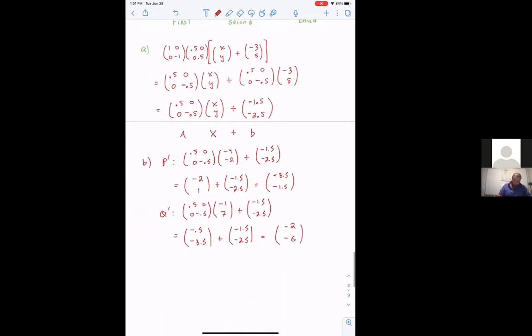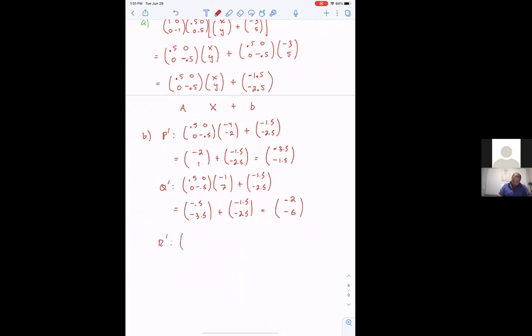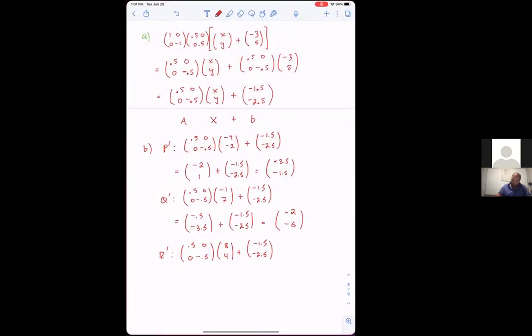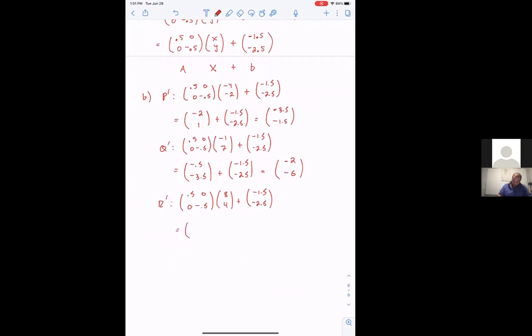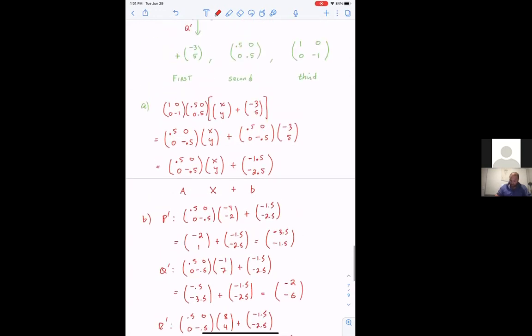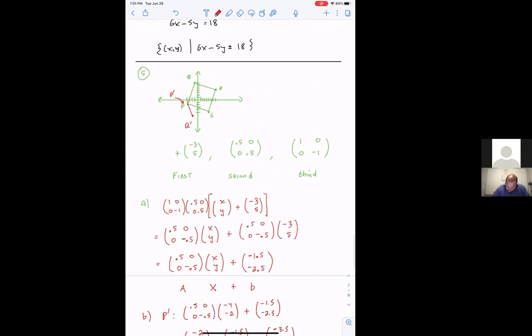Then we're going to go to R'. We do the same [0.5, 0; 0, -0.5], this time times (8, 4), plus (-1.5, -2.5). And that's equal to (4, -2) plus (-1.5, -2.5). That's (2.5, -4.5). So (2.5, -4.5) is about there.